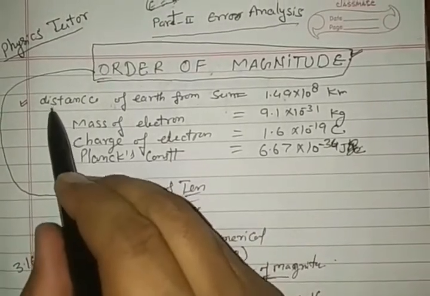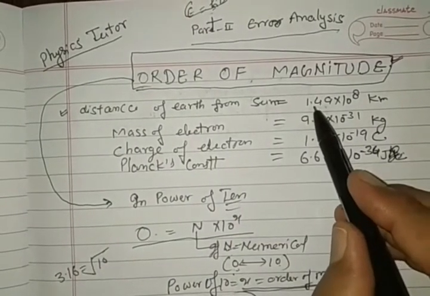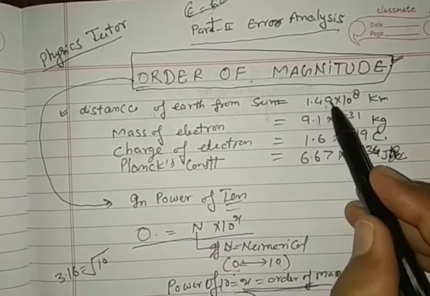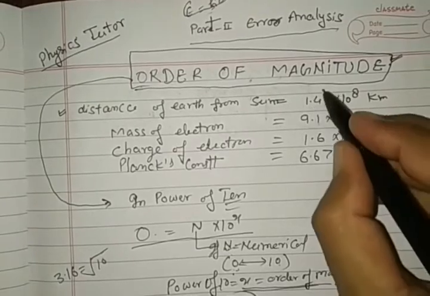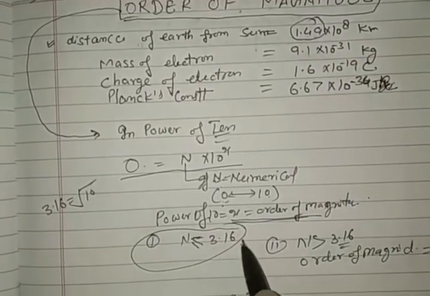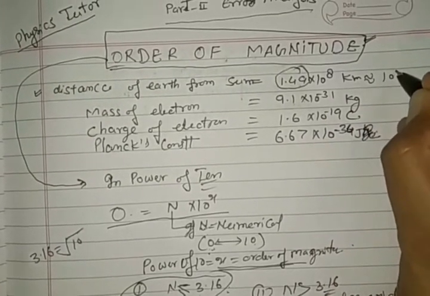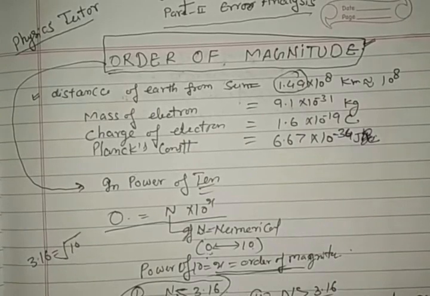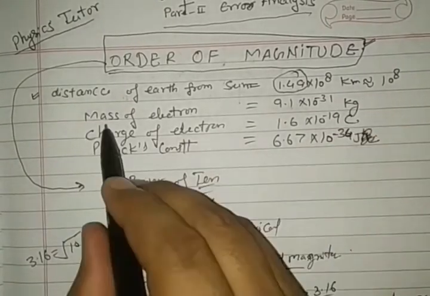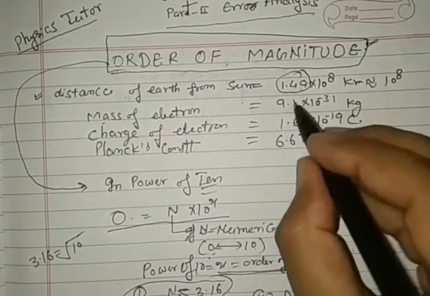The first term is the distance of earth from sun. It is 1.49, which lies between 0 and 10, and it is less than 3.16. So the order of magnitude is only 10 to the power 8. In the second case, mass of electron is 9.1 into 10 to the power minus 31.